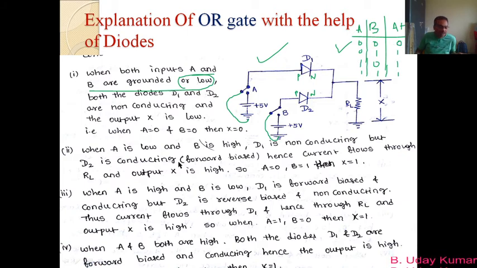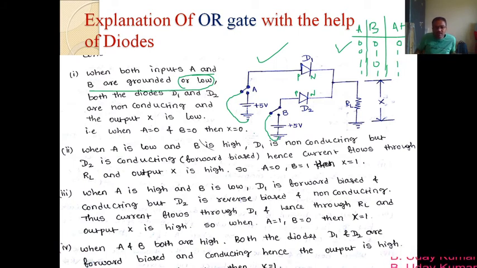Okay, next point, coming to 0 and 1. Let me take the second case. When A is low and B is high. So that means A is connected to ground and B is high. So B is high means this one, not this one. Okay.